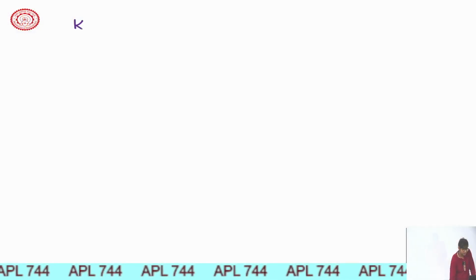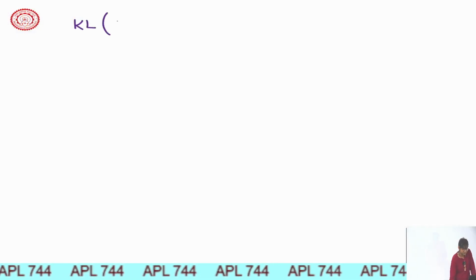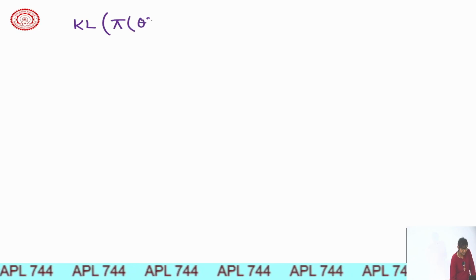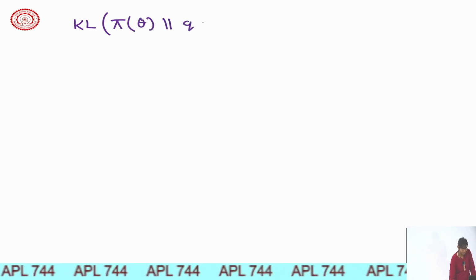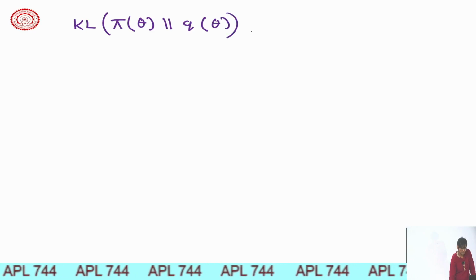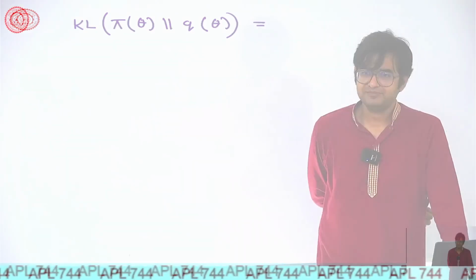Remind me, what is the KL divergence formula? I want to find the KL divergence between pi of theta and q of theta. We wrote two formulas, one in summation form, one in integration form. We will use the integration form because for us everything is continuous. So what is the formula?